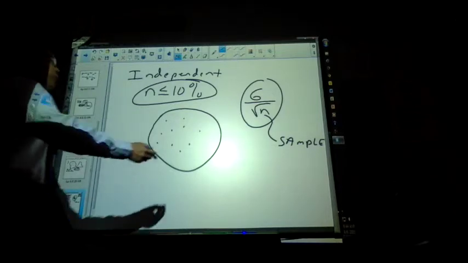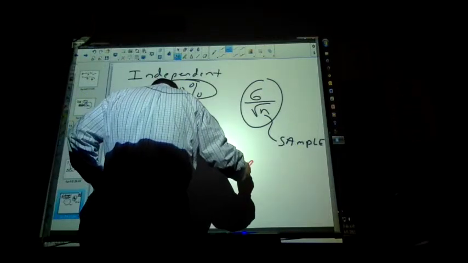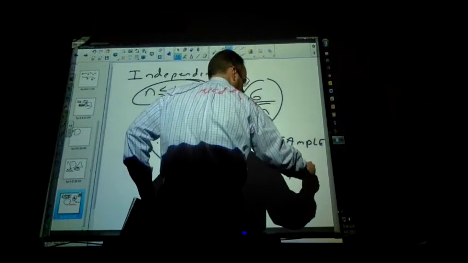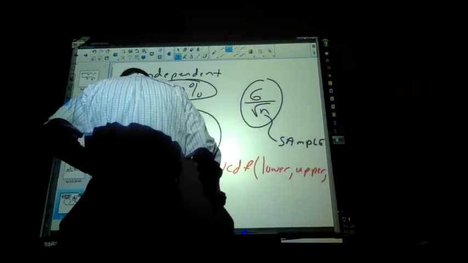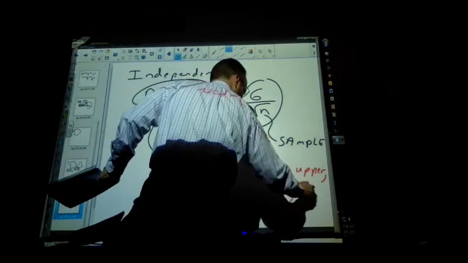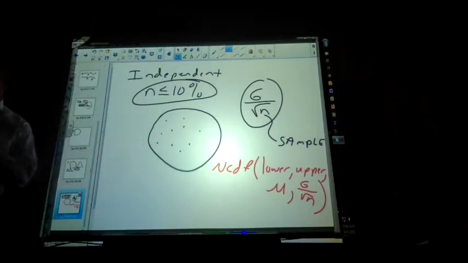So a lot of times we can use this. We've talked about this on the calculator. normalcdf, lower, upper, the mean, and then the standard deviation. This will change with this now. Our standard deviations are going to change.